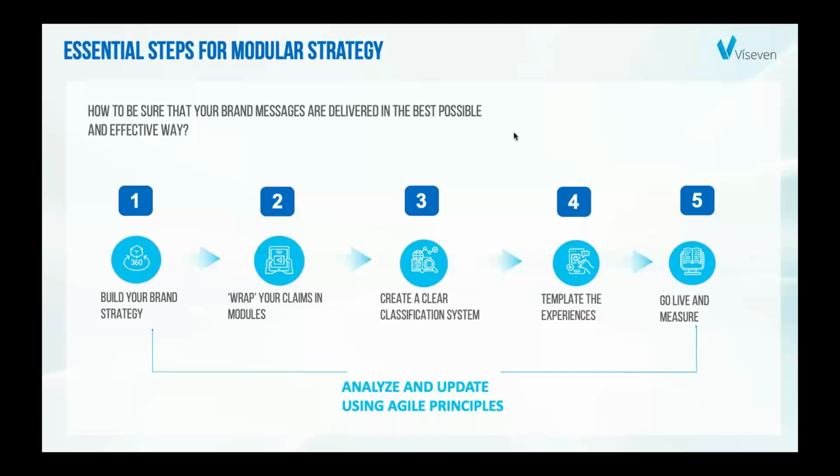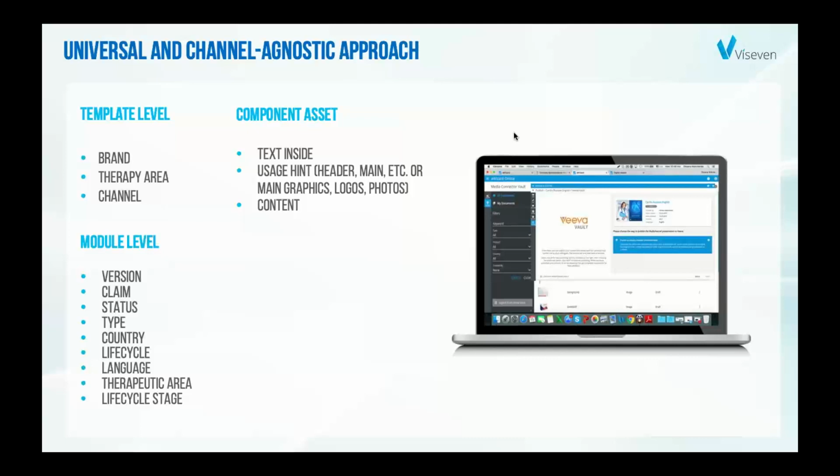And to support proper tracking, we implement a unified classification system so that the modules can be easily discovered and identified and then eventually tracked, so that when we go live, we can track the impact of all of our messages.